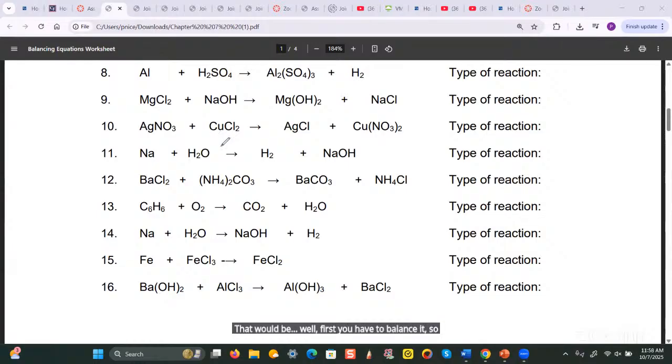To balance it, you're going to need a 2 here, and a 2 here, and a 2 here, right? 2 sodiums, 4 hydrogens, 2 plus 2, 4 hydrogens, 2 oxygens, 2 oxygens. Okay, so the question now is what type of reaction is it? Well, the sodium here is displacing some of the hydrogens, not all of them, right? But some of the hydrogen is being displaced. So this would be a single displacement reaction.